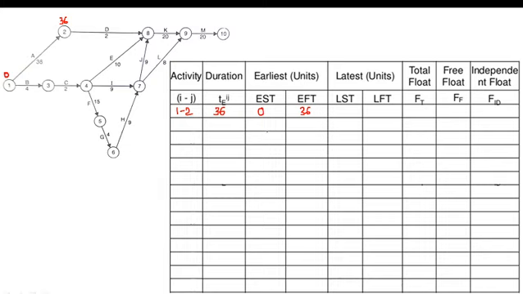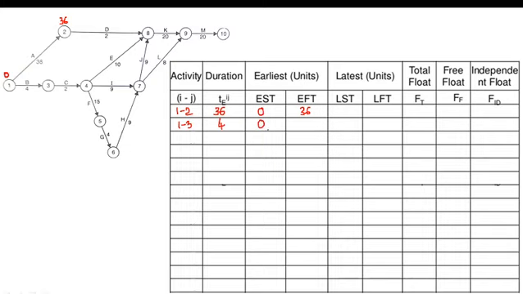Now, the next activity which we will consider is the simultaneous activity 1 to 3. The duration is 4, so we will write the duration here as 4. The earliest start time of activity 1 to 3 is 0, as we have already written for activity 1 to 2.